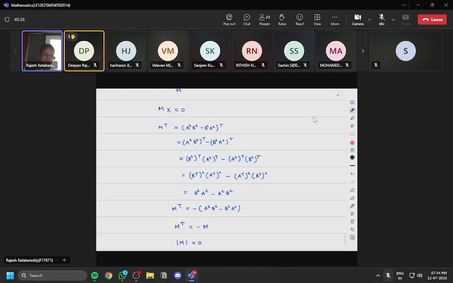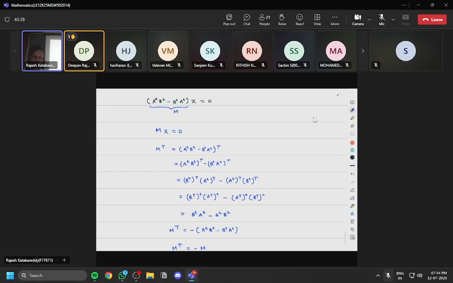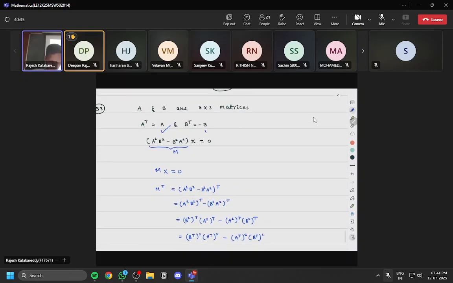Again, what inspired me to check the transpose, or to do the symmetric and skew symmetric check, is that in A and B, other than the symmetric and skew symmetric nature, I don't have any details. Clear? That's what inspired me to do this. Any doubt in this, anybody?